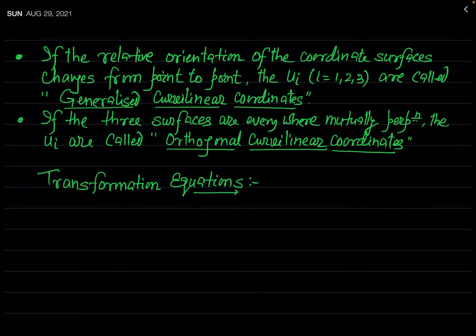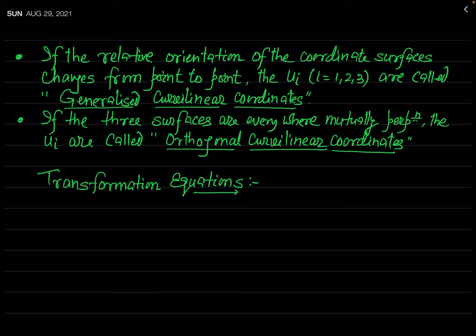Now let us see that these curvilinear coordinates u1, u2, u3 and the position coordinates are interrelated to one another. If you know the Cartesian coordinates or position coordinates of a point in space, then those Cartesian coordinates may be expressed as a function of general curvilinear coordinates.